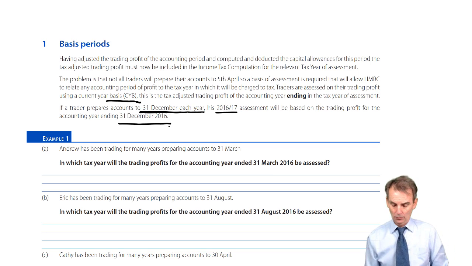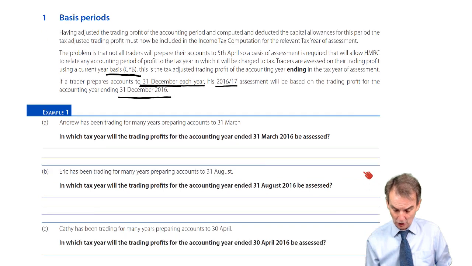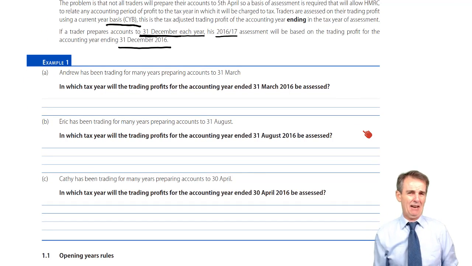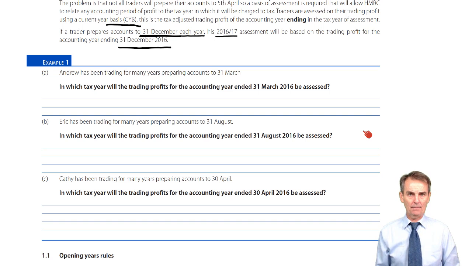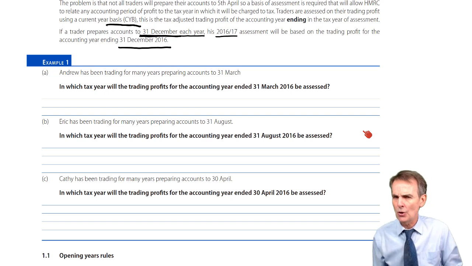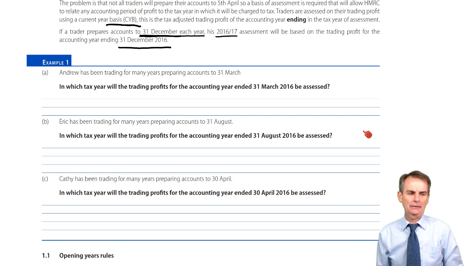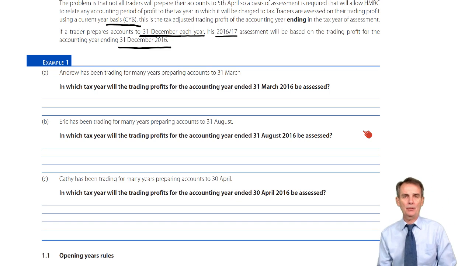So let's quickly go through a few further examples in relation to example 1 to test that we properly understood the current year basis of assessment. Because what is going to make life more, shall I use the word interesting? You'd probably take that as code for difficult and you wouldn't be wrong. What we've got to do here is learn the bases of assessment that will apply in more interesting circumstances.